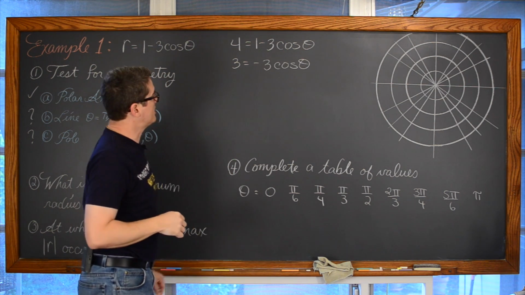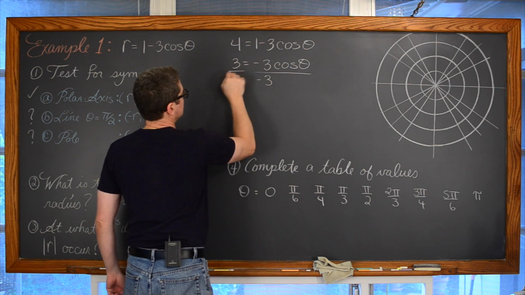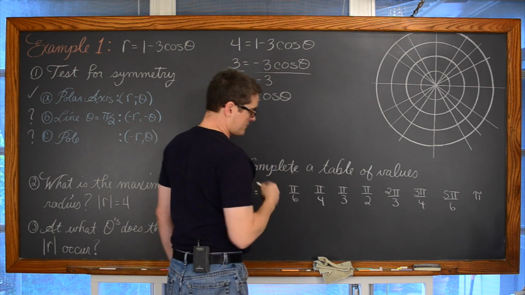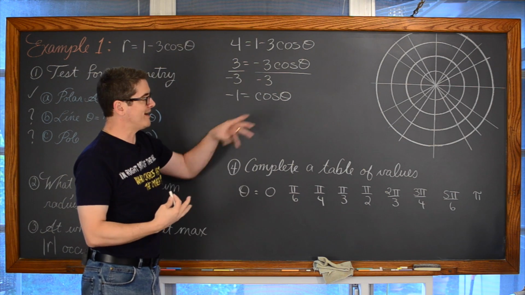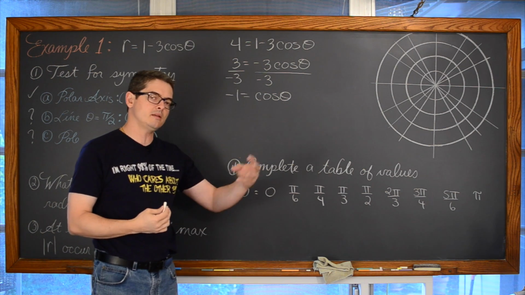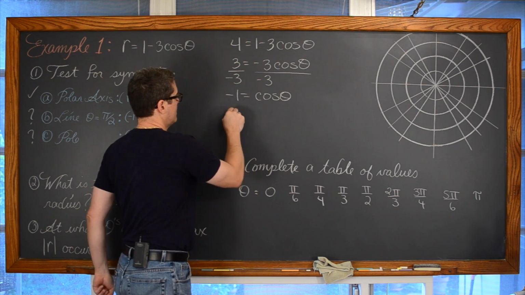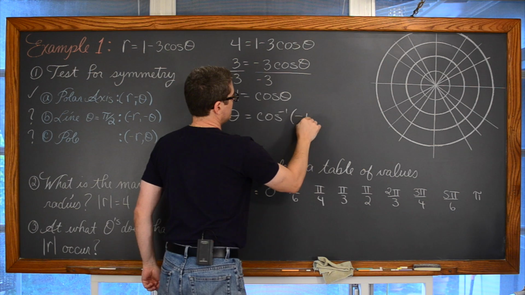Divide both sides by negative 3 and get negative 1 is equal to the cosine of theta. And now, to get that theta out of the cosine function, we need to take the inverse cosine of both sides of the equation. I'm also going to flip this around. So we have theta is equal to the inverse cosine of negative 1.